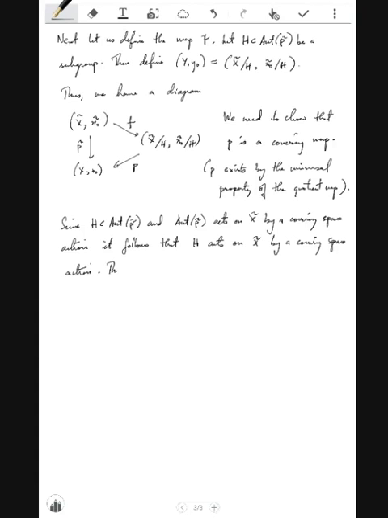Thus, using the result in the previous lecture, this implies that p is a covering map.